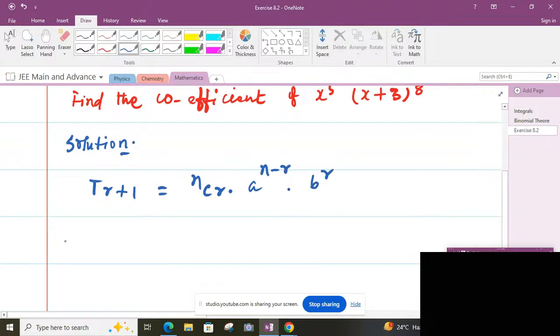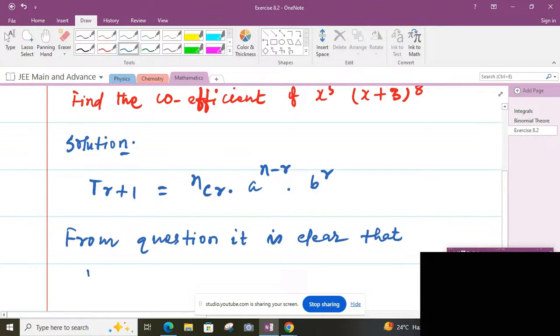From the question it is clear that a equal to x, b equal to 3, and here n equal to 8.